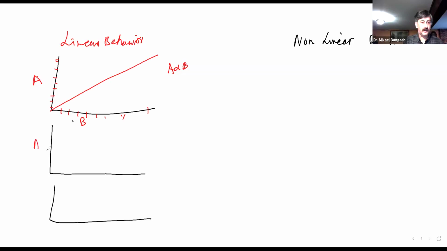Even if A and B were inversely proportional, that could still be a linear behavior. What does that mean? That as A decreases, B will increase, so that would have been a line like this.